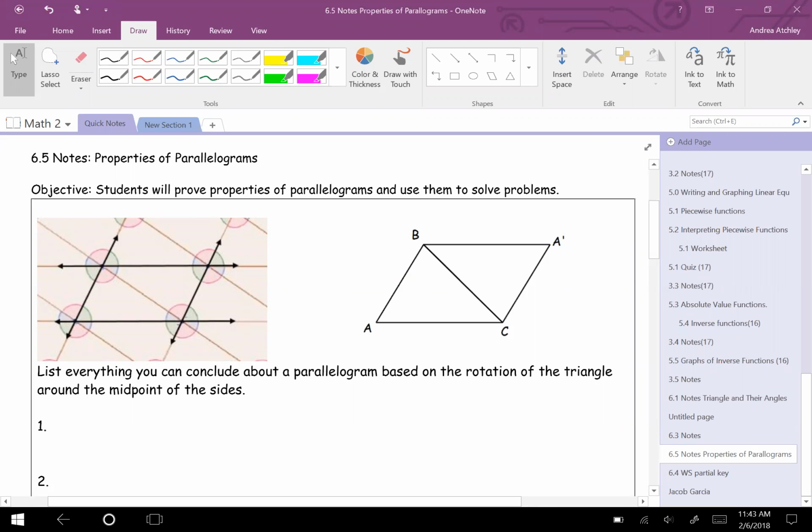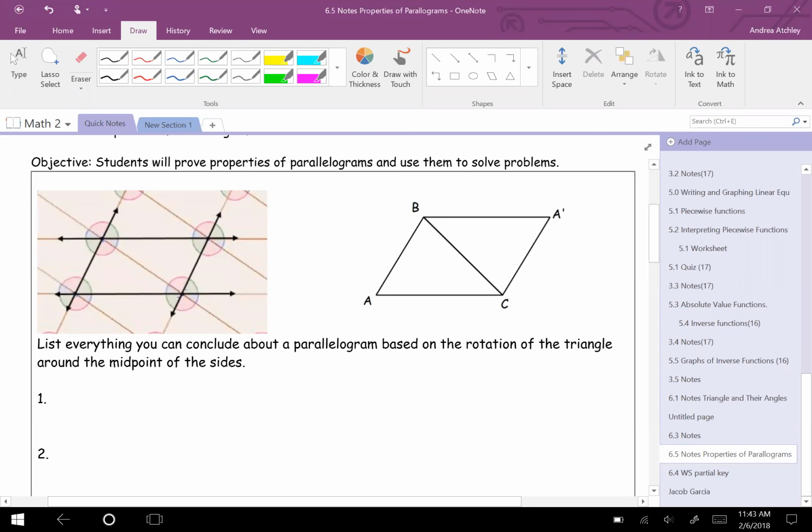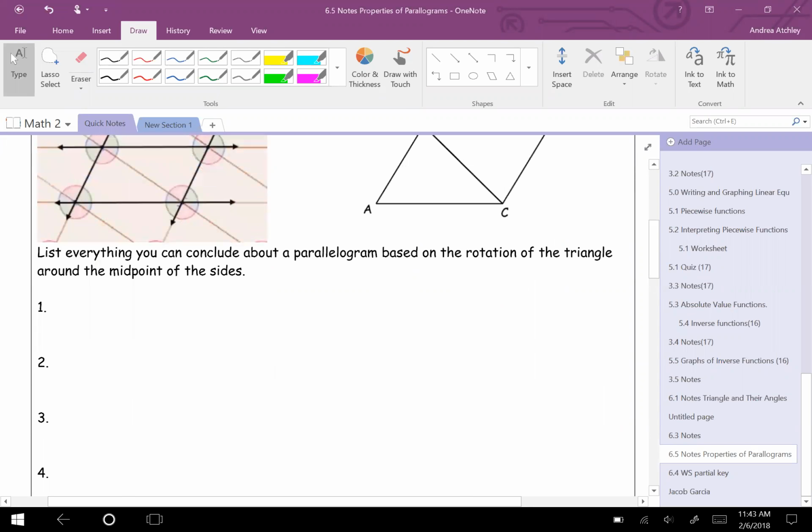List everything you can include about parallelogram based on the rotation of a triangle on the midpoint of the sides. So the first thing we talked about, parallelograms have pairs of opposite sides that are parallel.